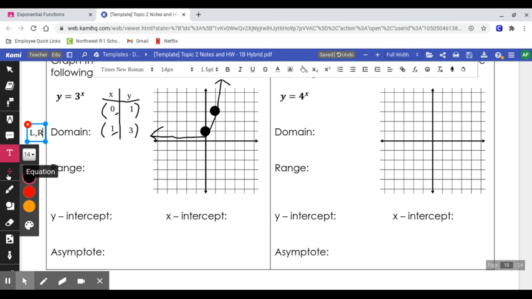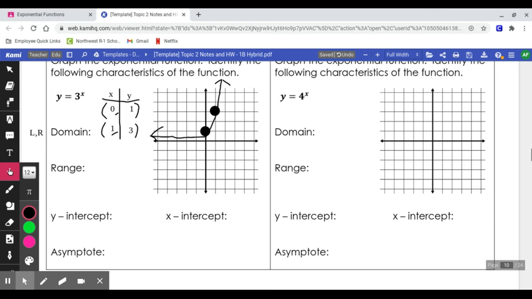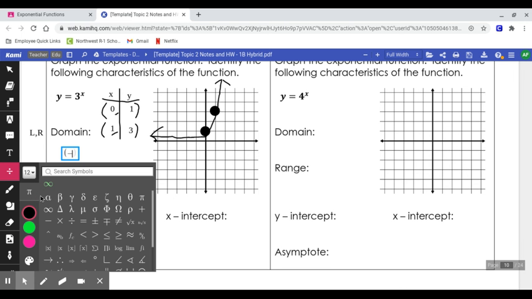Negative infinity. Click on this equation tab on the left. Okay, and we'll do parentheses, negative, click on the pi, and that's where we get our infinity sign. Okay, comma, how far right does it go? Well, if I take this arrow and pull it to the right, yes, it'll take a longer time to get all the way to the right, but eventually this will go to infinity all the way to the right.